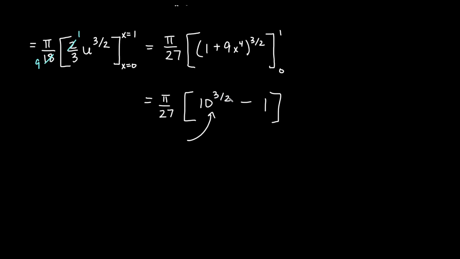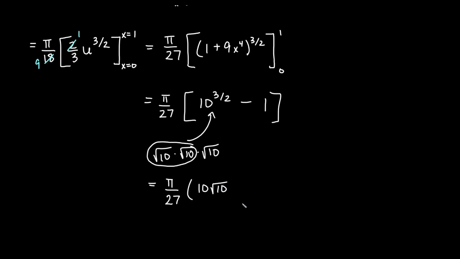So I have the square root of 10 cubed here. In other words, I have 3 copies of square root 10 there. And what we may want to do is take 2 of those copies and rewrite it as a single 10. So we'll go ahead and say pi over 27 times 10 times root 10, or 10 to the 3 halves, minus 1.